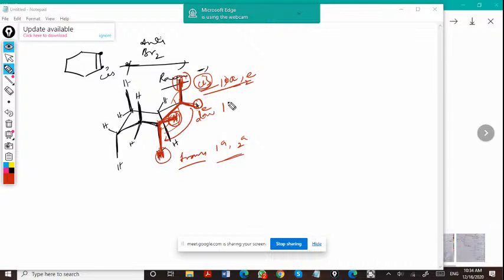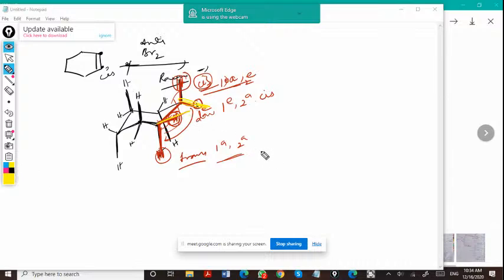So one equatorial and one axial, these are also cis. If two are equatorial, let's say this is equatorial, this is looking towards the upside, and this is looking towards the downside, so they are opposite to each other.